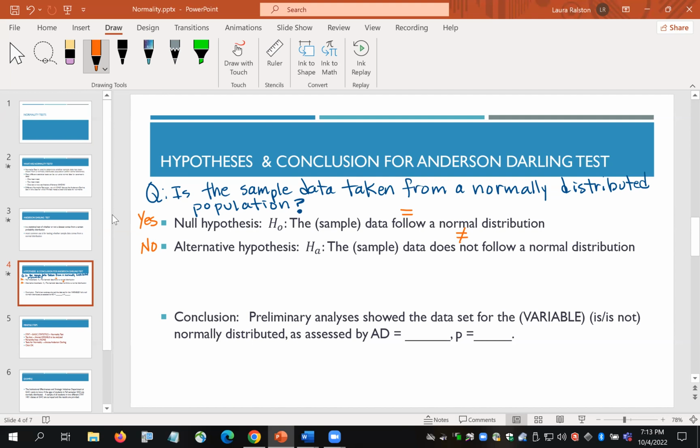So I'm not breaking the rules. My null implies equal, means yes, it is a normal distribution, and the alternative is no or does not equal a normal distribution. Okay, guys, don't get fancy dancy. Write it exactly the way Miss Ralston has said.